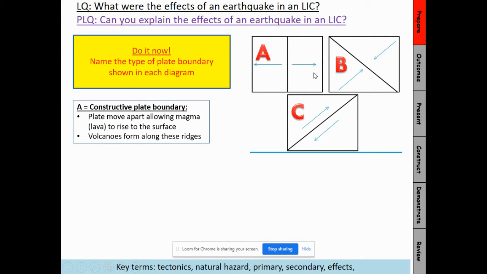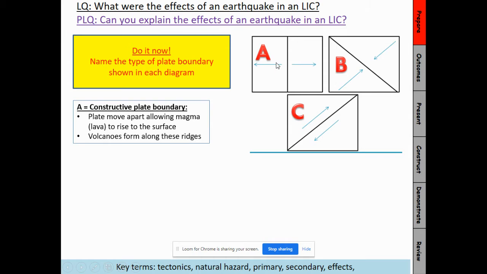So, plate boundary A. You can imagine that these are the plates and the arrows are the direction that the plates are moving in. So A is what we call a constructive plate boundary. The word constructive means something is created, something is built, just like with Lego, you would construct a model out of Lego.